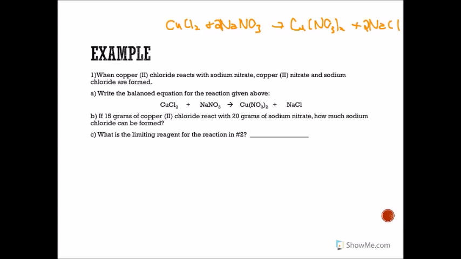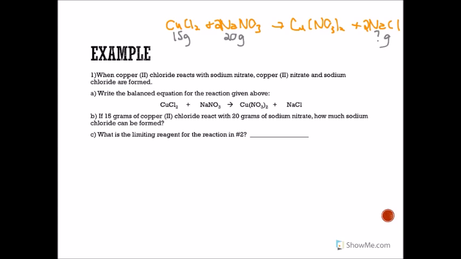We then write our knowns and unknowns. So the 15 grams of copper 2 chloride react with 20 grams of sodium nitrate. How much sodium chloride can be formed? We know we're going to need to calculate the molar masses in order to convert to moles.